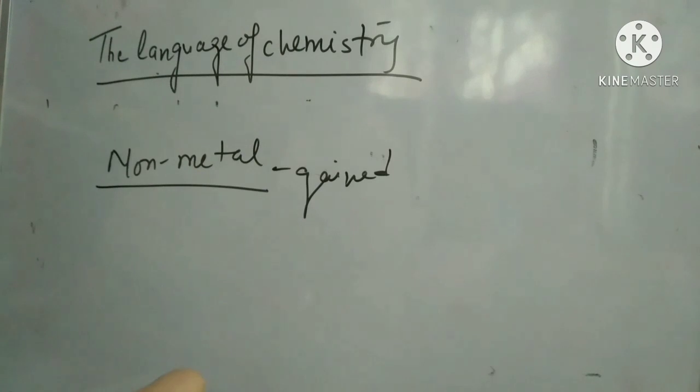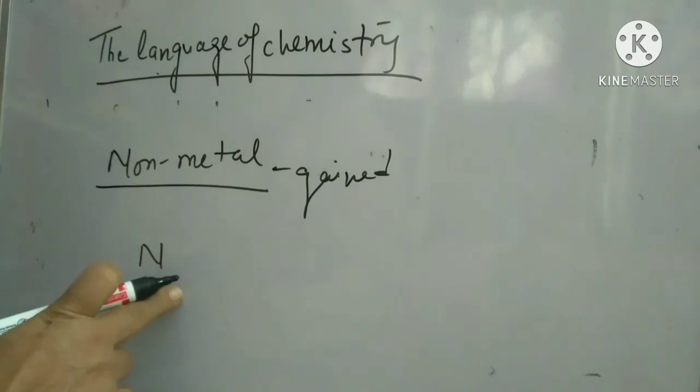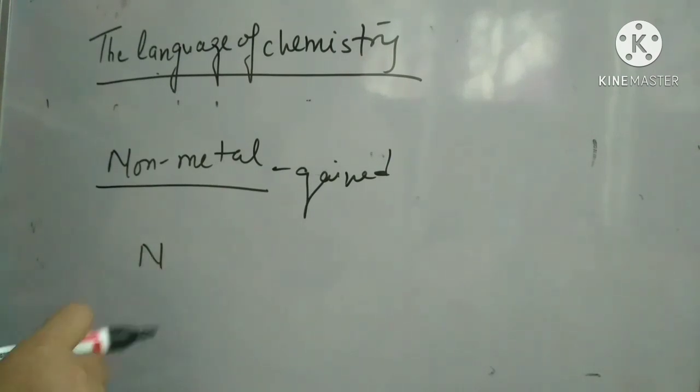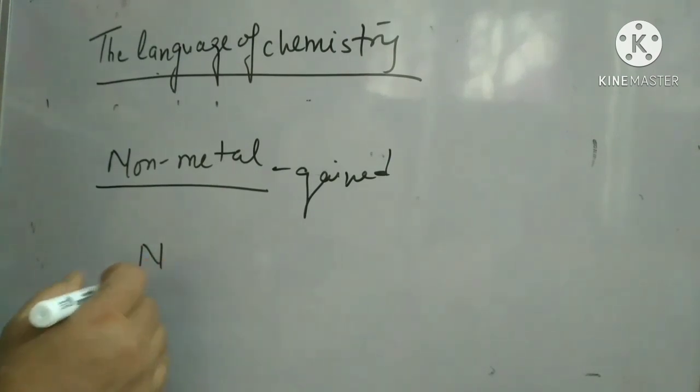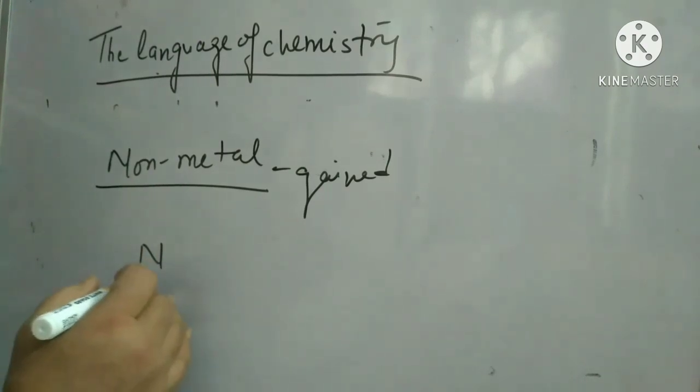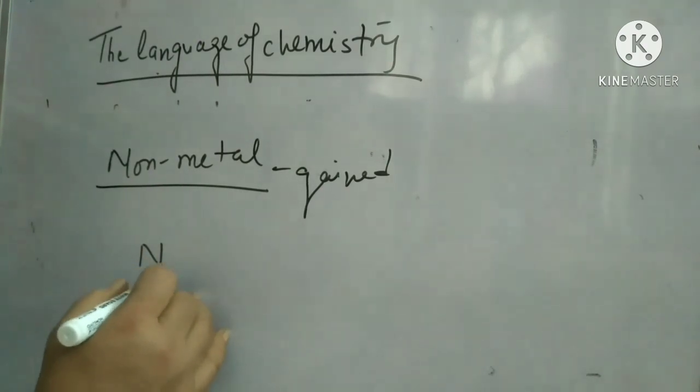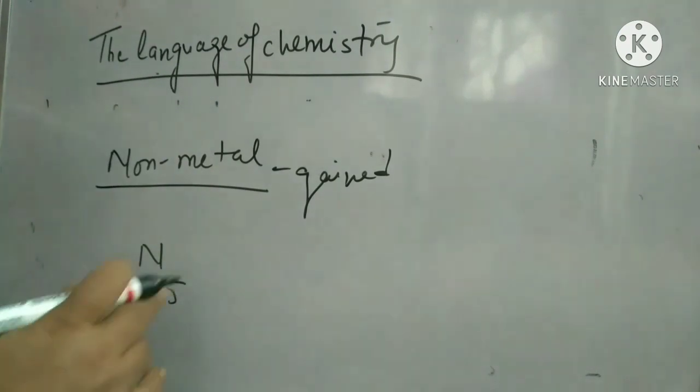We take the example of nitrogen. Nitrogen has 5 electrons in its outermost shell. Its electronic configuration is 2, 5 because its atomic number is 7.